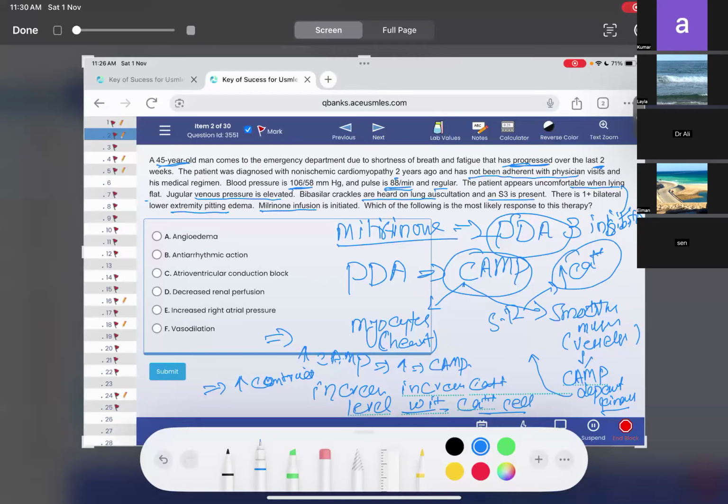So in smooth muscle it will decrease the level of calcium, and in myocyte it will increase the level of calcium by trapping it inside the cell. These are the two different types of function that take place by cyclic AMP inside the smooth muscle and inside the myocytes. You are clear, doctor, up to now?